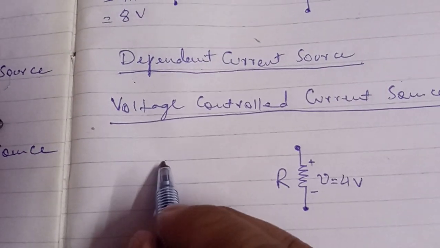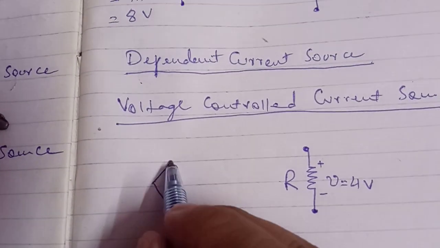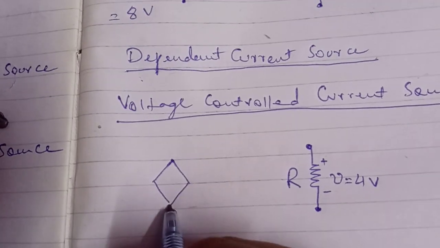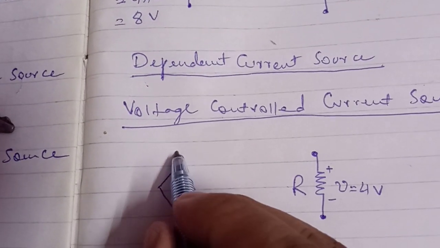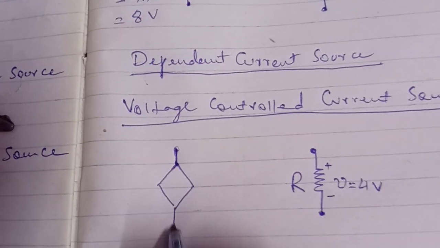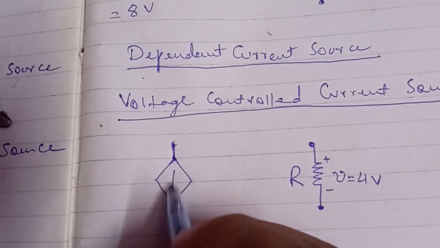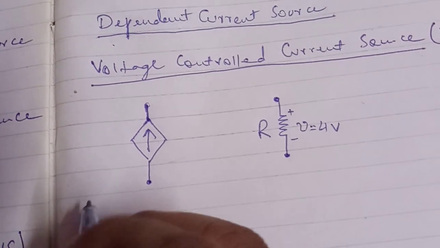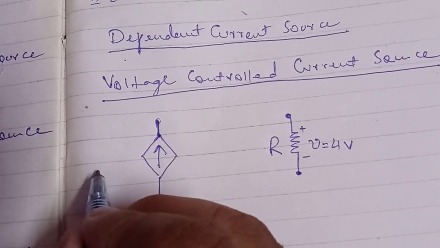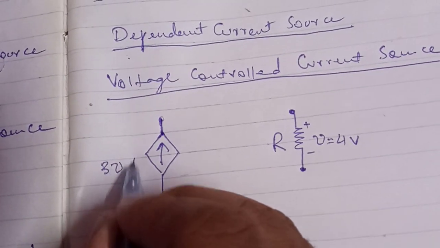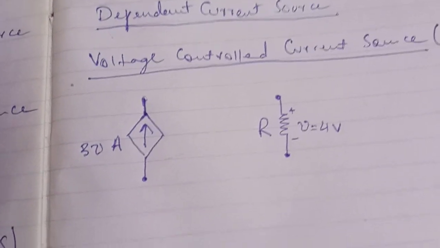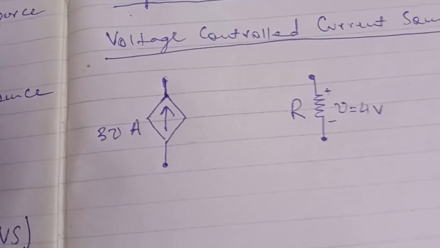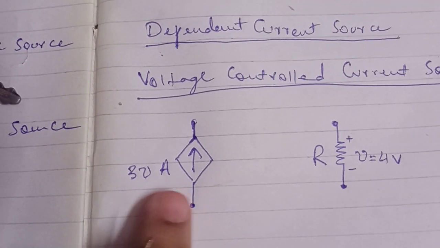Now I am drawing the symbol of VCCS, voltage controlled current source. Say its value is 3V ampere. Ampere is the unit of current and the value is 3V ampere.